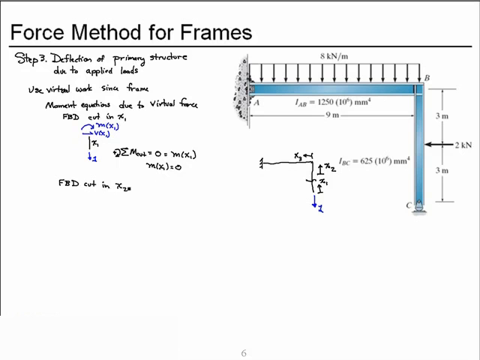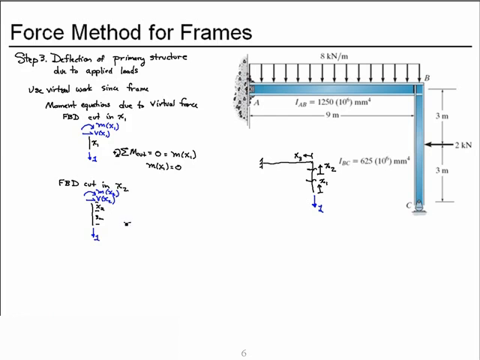Now let's cut it within the range of x2. I'll draw it, and now it is 3 meters here, and then x2 a little bit farther. We have our virtual load applied, our unknown shear as a function of x2, our unknown virtual moment as a function of x2.